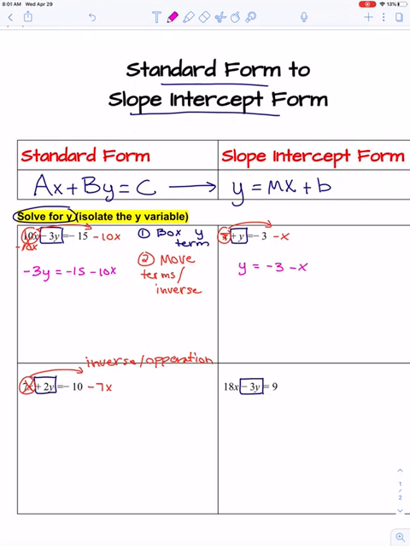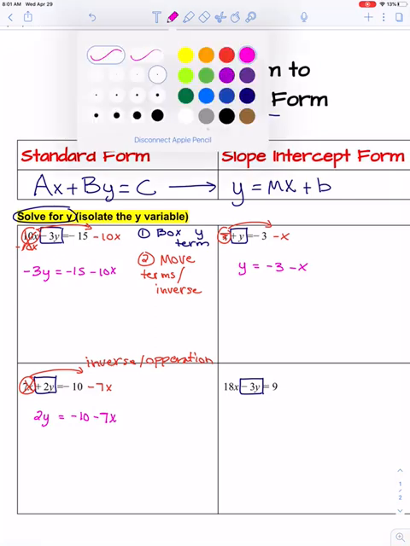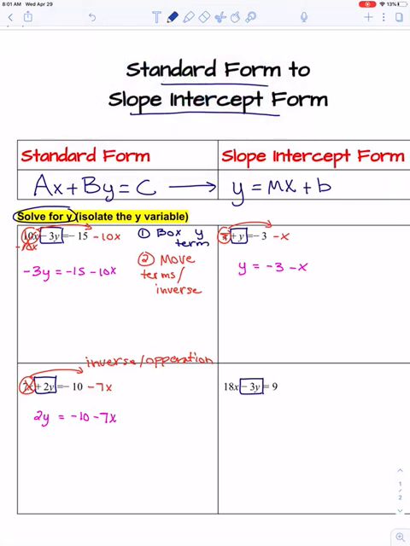And then down here on the bottom left, I have a positive 2y, and I like to say what sign it is, so that way I get the correct sign written with my term. So positive 2y equals negative 10 minus 7x. Alright, now what I do is I'm color coding each step so you see what's going on in each process.